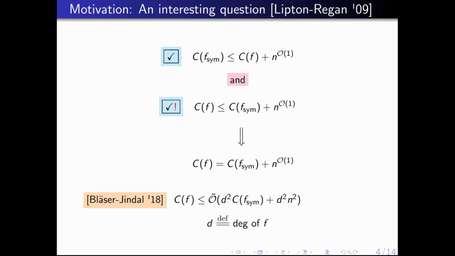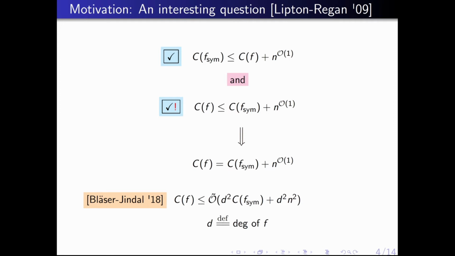They proved that for any F, the circuit complexity of F can be upper bounded by Fsim with some additive and multiplicative factors hanging around, also ignoring some log factors in the additive part, where D is the degree of F. Now you can see this is almost proving the same thing that Lipton and Regan had asked.